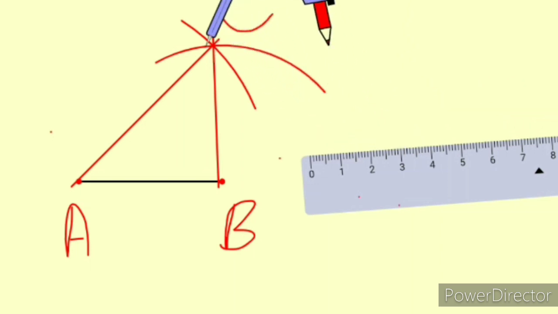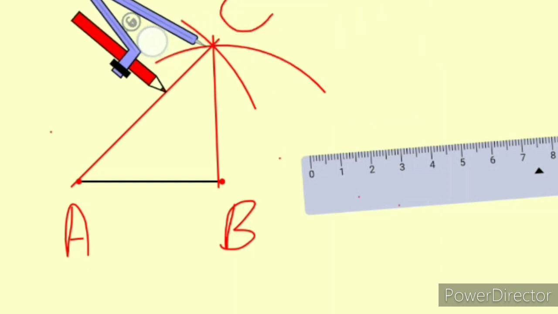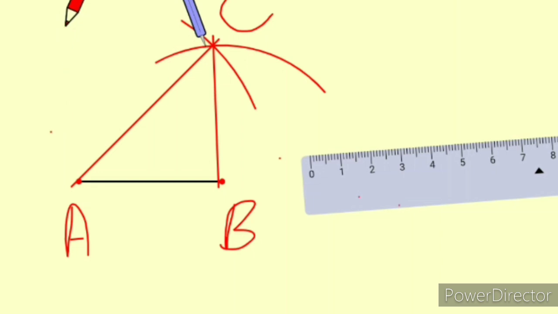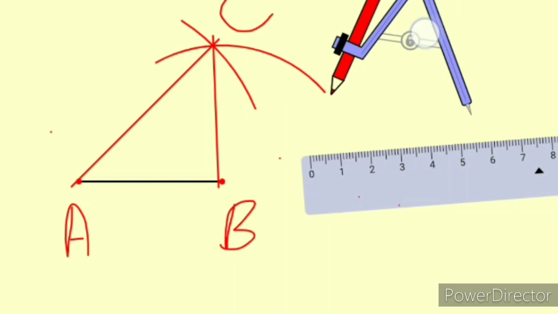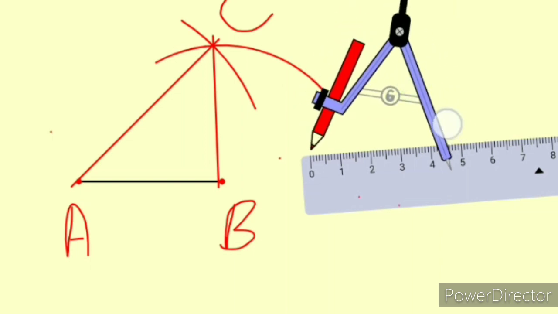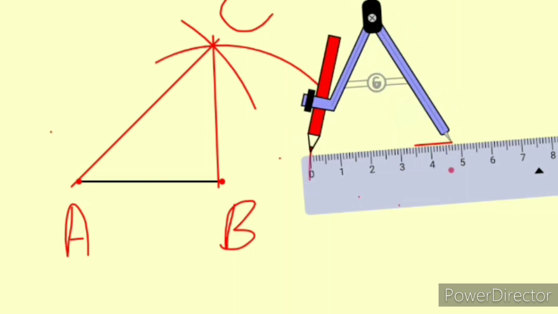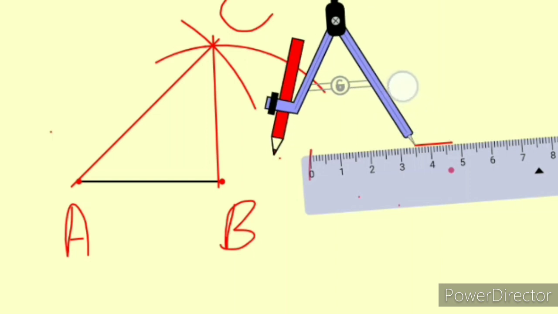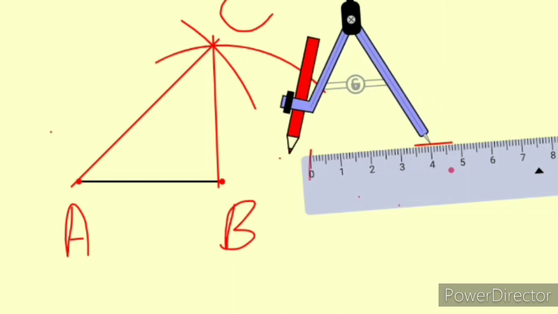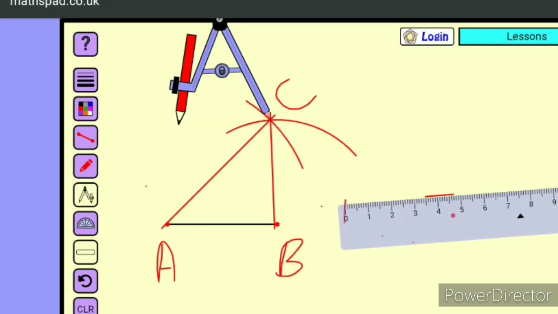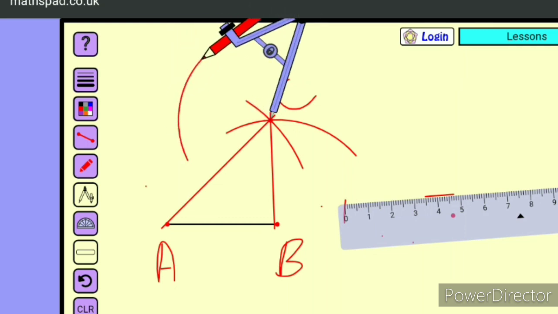So C as center, draw an arc. Next, AD 6 centimeter.